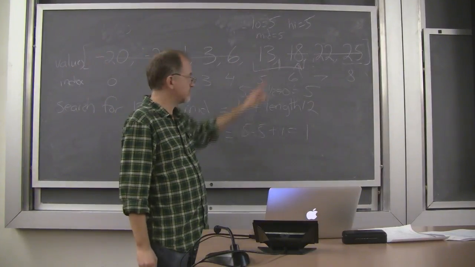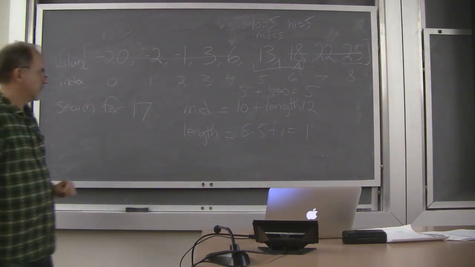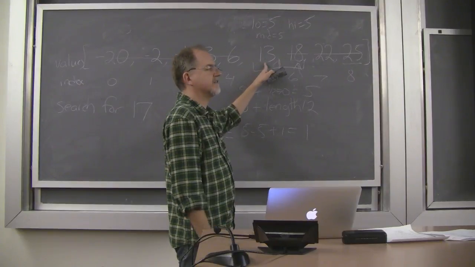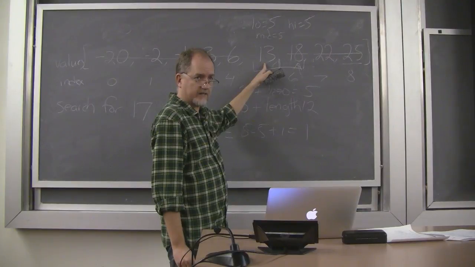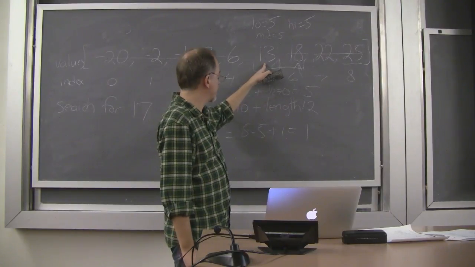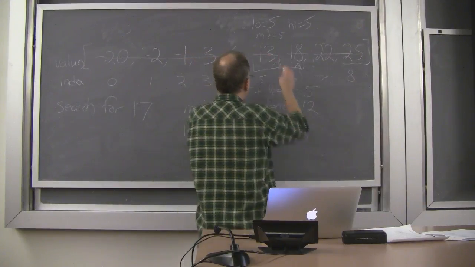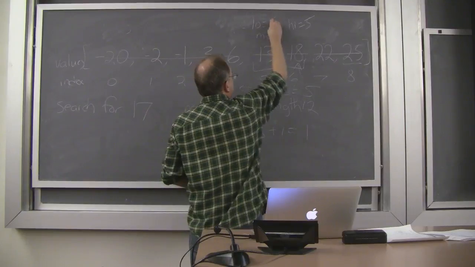No. What happens next? Well, 13 is less than 17. So we want to throw away it and everything to its left. And we throw it away by changing the low value. Low becomes mid plus 1 equals 6.